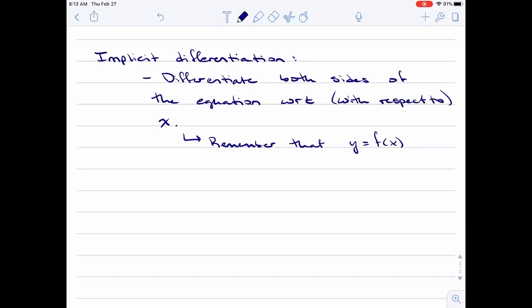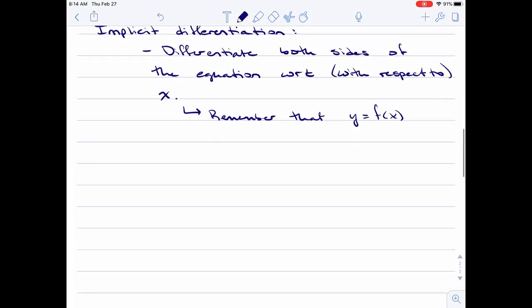It's going to look a little weird, but when you're taking the derivative of y, you just take it normally in terms of the chain rule, and then multiply it by the derivative of y. That's the only trick with implicit differentiation. So if you remember that y equals f of x, this means that we need the chain rule.